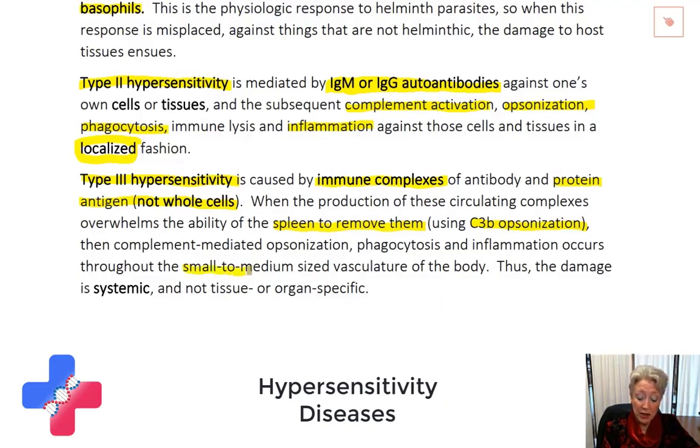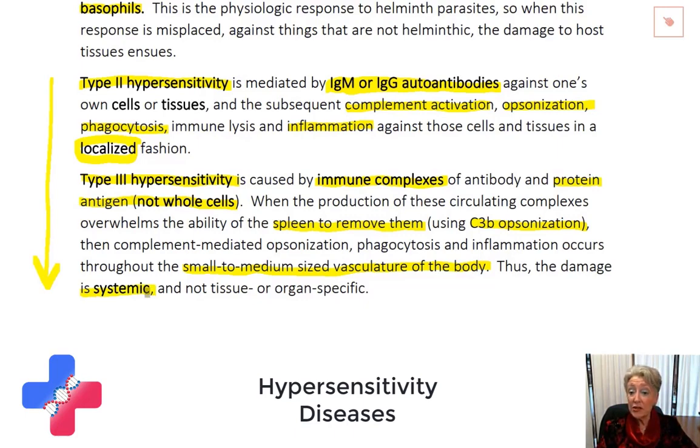and they bind in the small to medium-sized vasculature of the body, and the result is the same activation of damage as I saw with the type 2s, namely complement, opsonization, inflammation. But it's going to happen anywhere I have blood vessels of a certain diameter.